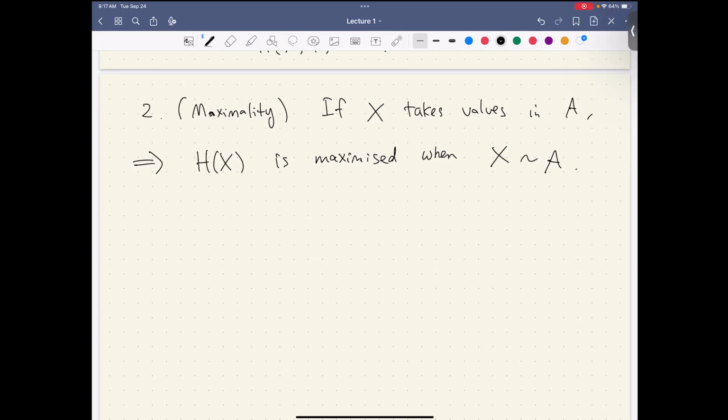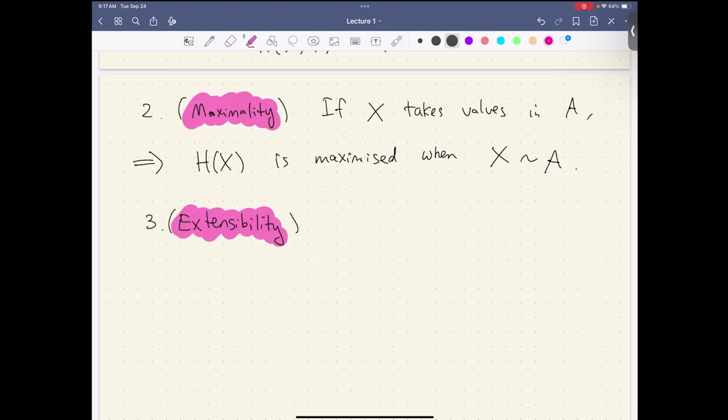The third one is called extensibility. Extensibility is simple.